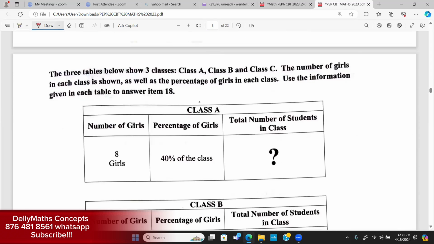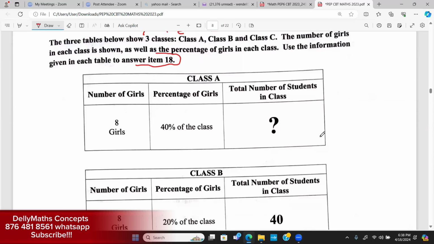All right, let us pay attention to details. It says the 3 tables below show 3 classes: class A, class B, class C. The number of girls in each class is shown, as well as the percentage of girls in each class. Use the information given in each table to answer item 18.